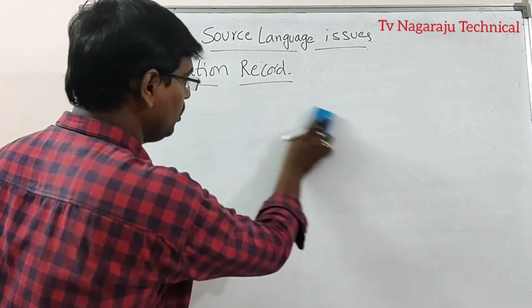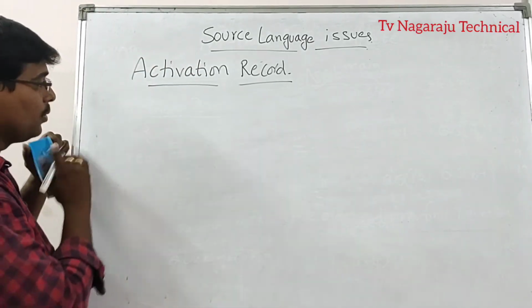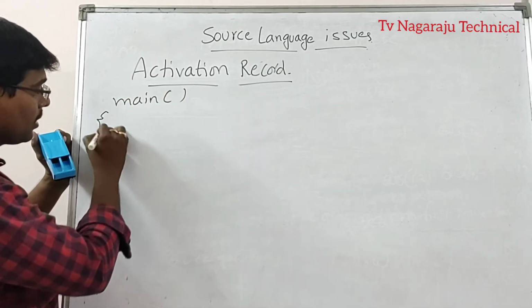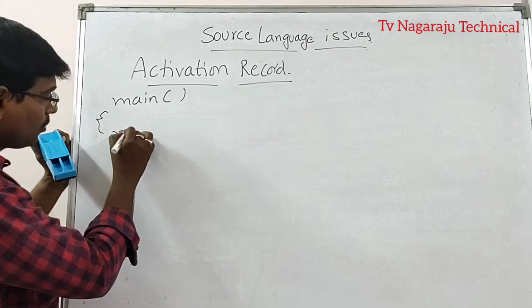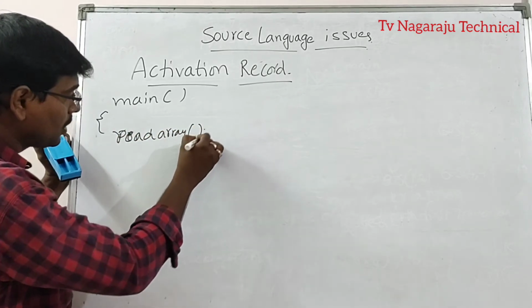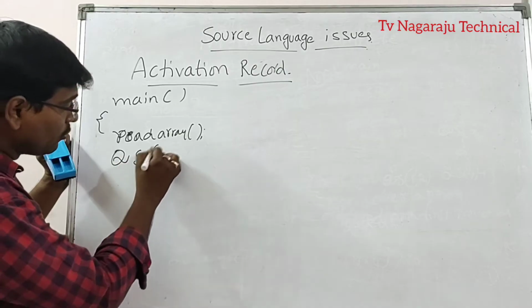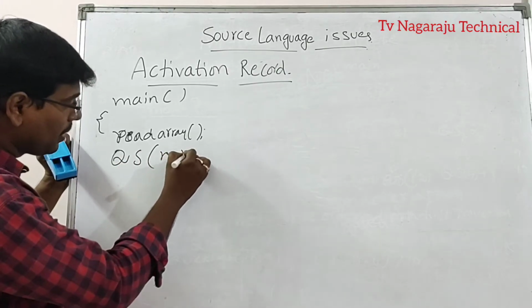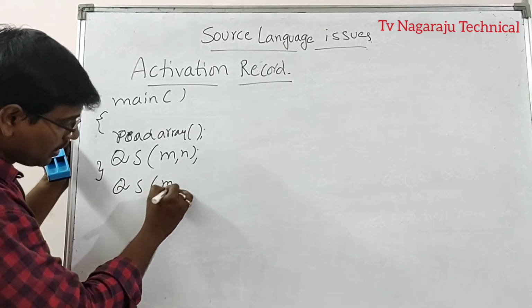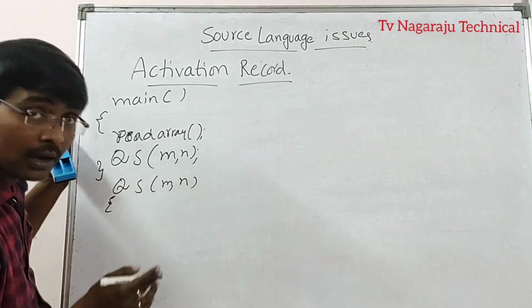You already know the quicksort example. So what is the quicksort example? Main. First one method, read array. Now quicksort of m comma n. Now coming to the quicksort algorithm, quicksort of m comma n.